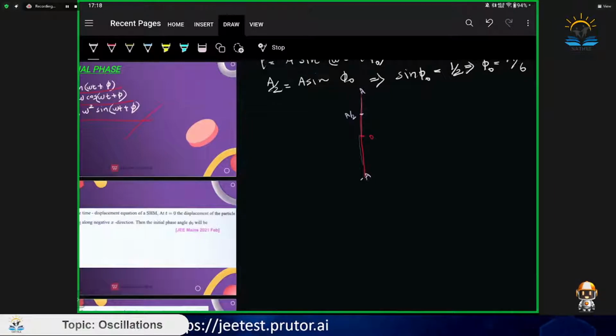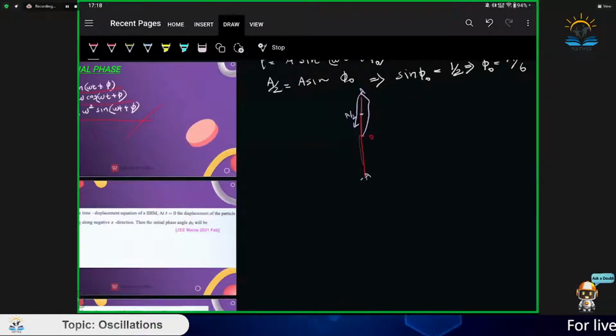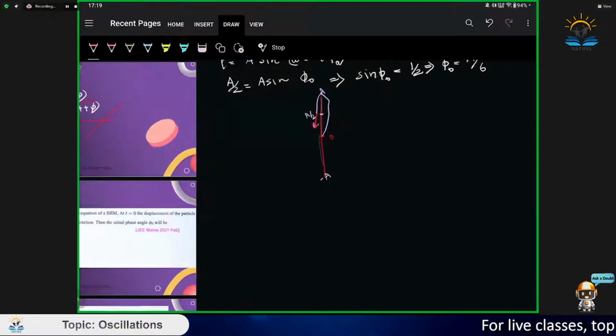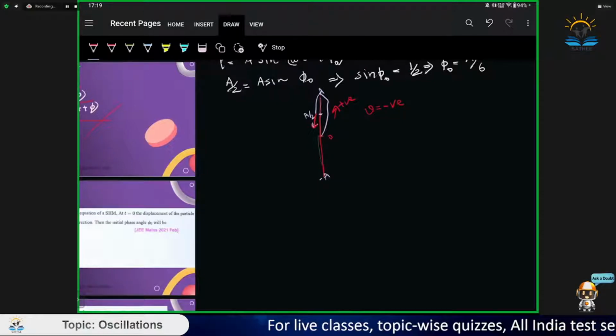So the particle is first to reach here, moving in this direction. Moving this direction means the velocity will be negative. Why? Here velocity is positive, right? This side velocity will be negative.